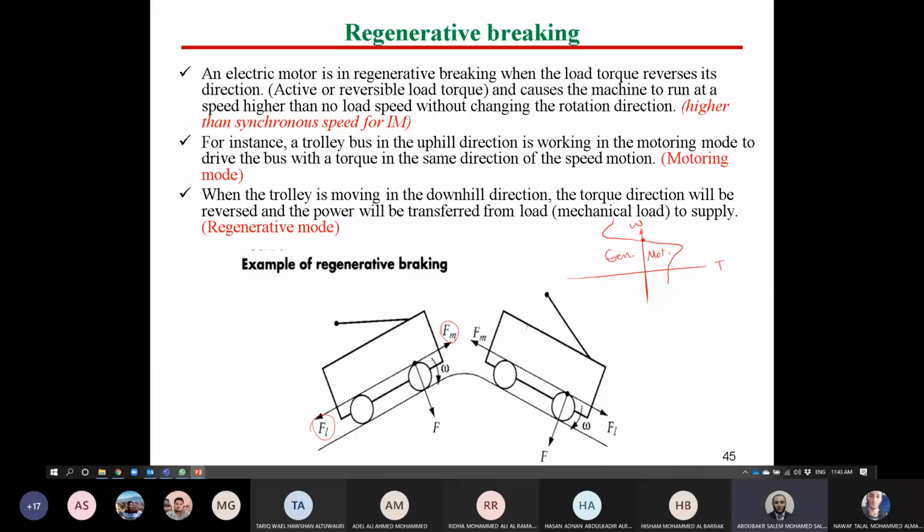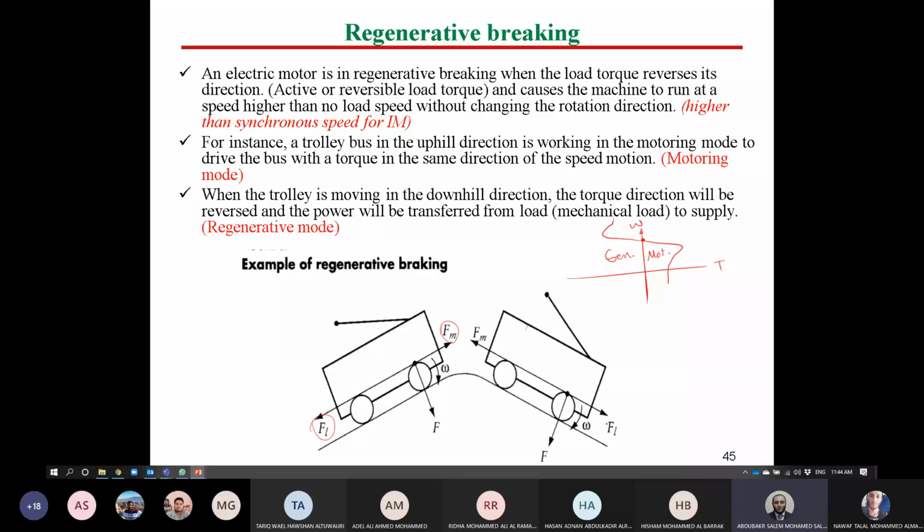So this is now motoring mode. If you start going downhill, what will happen? Now the torque direction will be reversed. So the torque direction of the load will move the load in that direction. So it's reversed.